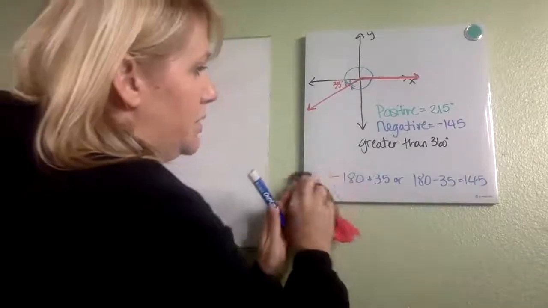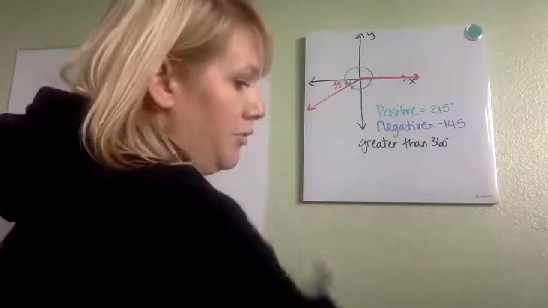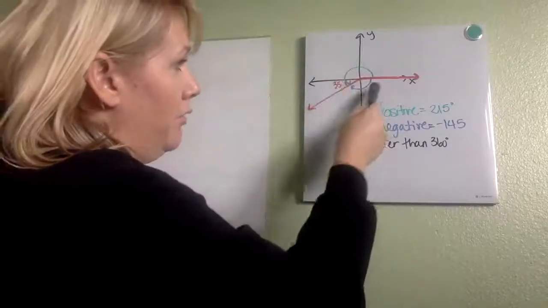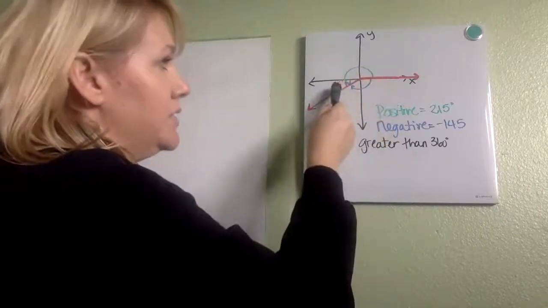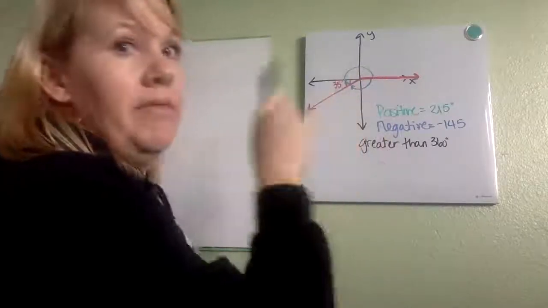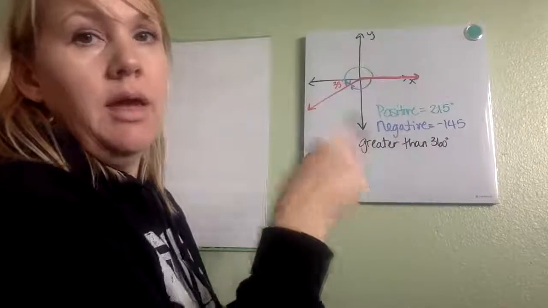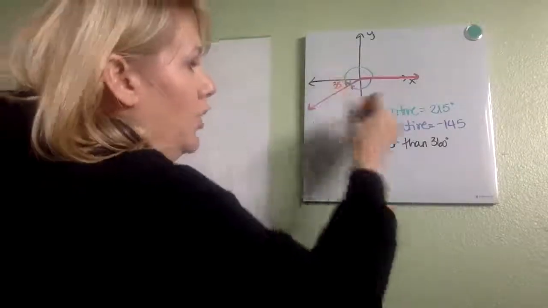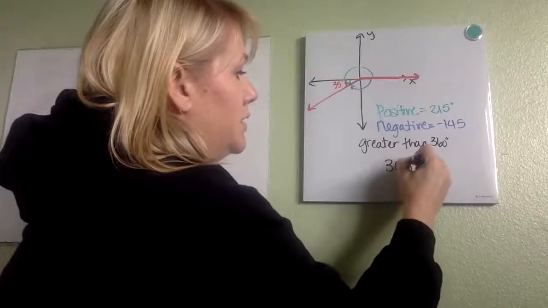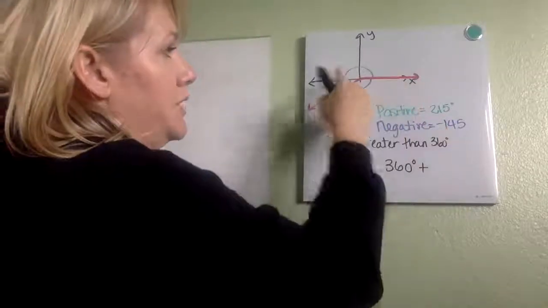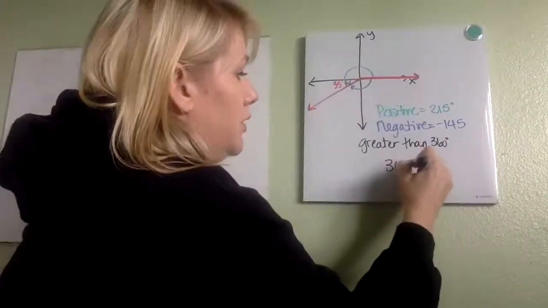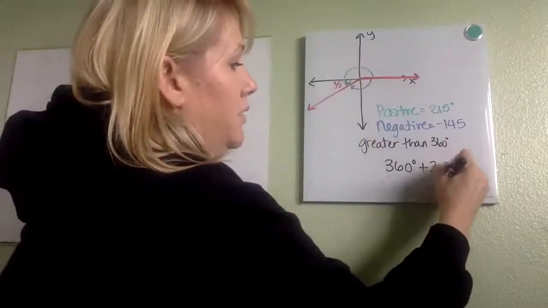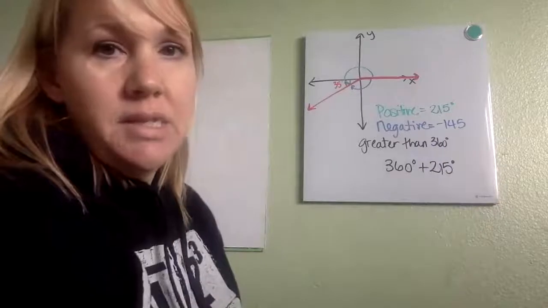All right, there is that. And then greater than 360 just means that it went around one full and then stopped there, or two full and then stopped there, or three, and you could do as many as you wanted. So if you just did the one full, which is 360 degrees, plus the 215, which is the positive, that would be the easiest, the first.